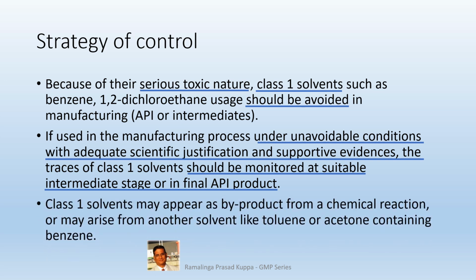Class 1 solvents may appear as a byproduct from a chemical reaction or may arise from another solvent like toluene or acetone containing benzene. In such cases also, it is necessary to monitor the class 1 solvent presence. Many processes use toluene and acetone as process solvents.